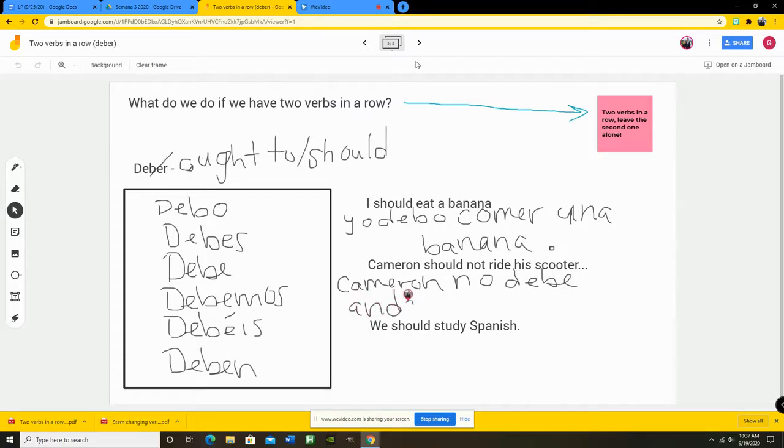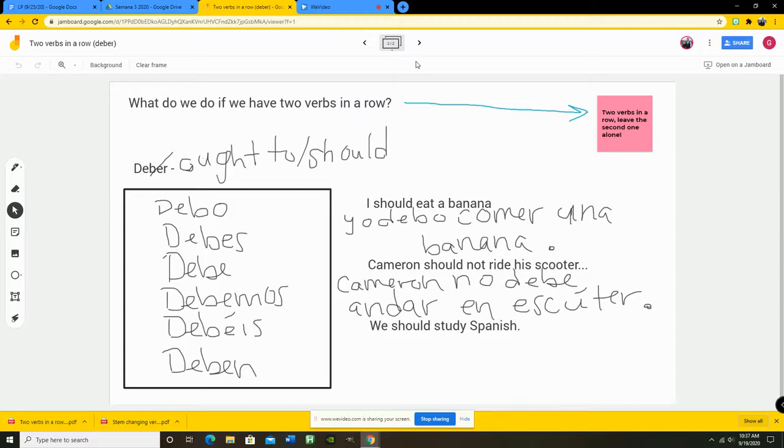Andar in his scooter. It's okay if you just write a scooter here because it's assumed that it is his scooter, not somebody else's, unless you specify otherwise. So this reads, Cameron should not ride his scooter, and we leave that second verb alone. We conjugate the first one.